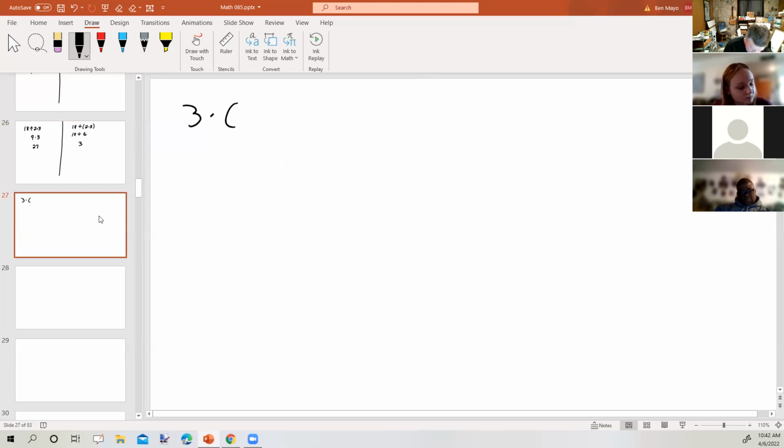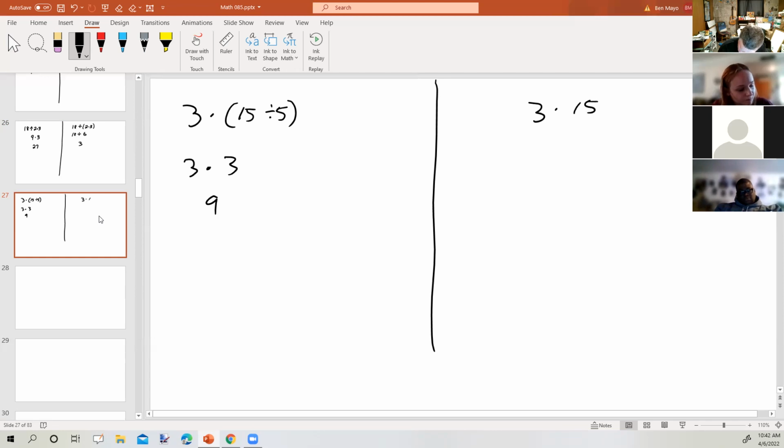Let's take a look at this one. 3 times the quantity 15 divided by 5. We would do inside the grouping symbol first. 15 divided by 5 is 3. 3 times 3 is 9. Or what about this one? 3 times 15 divided by 5. No grouping symbol here.